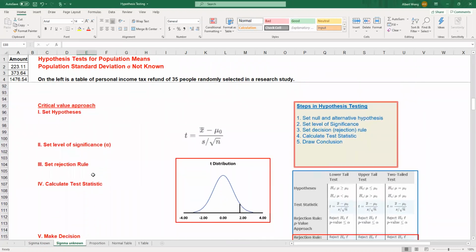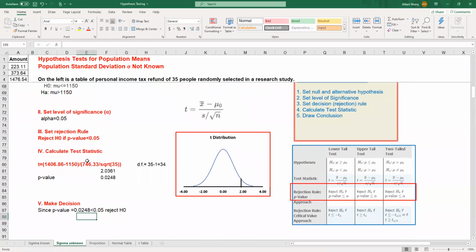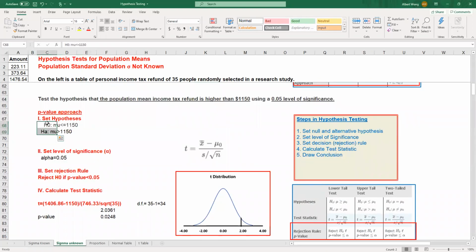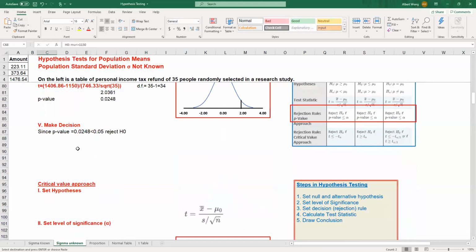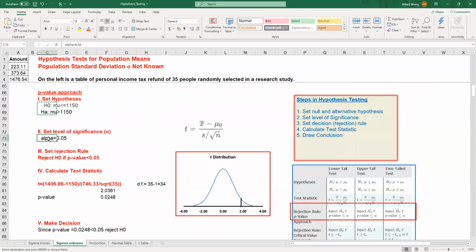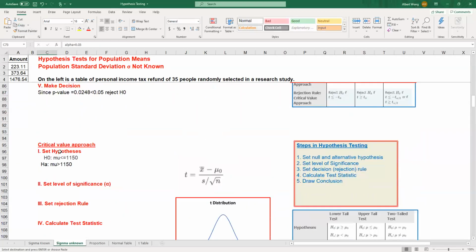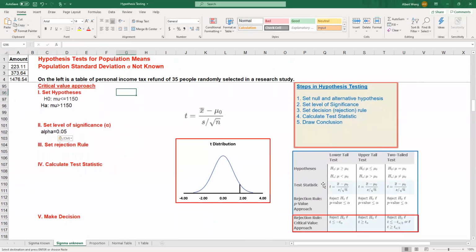We can do the critical value approach. If you use the critical value approach to do the same problem, the hypothesis test is exactly the same. Alpha is exactly the same. The rejection rule is different because you're using the critical value approach. If it's an upper tail test, reject H0 if t is bigger than t alpha. So we need to find the area alpha here, 0.05, and we want to find the point that corresponds to 0.05.